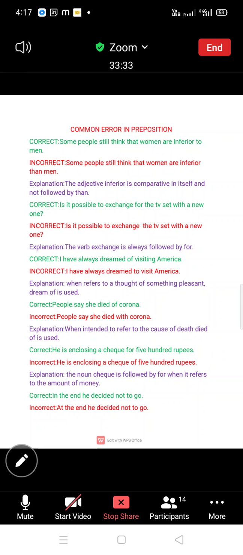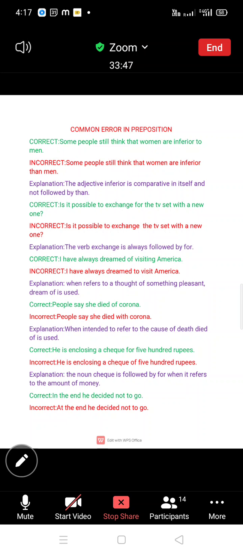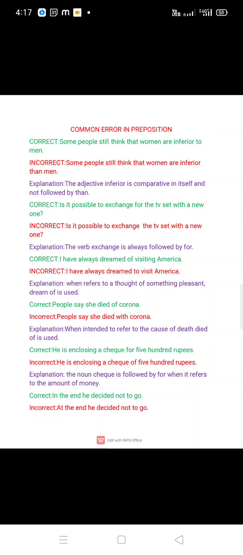Now the next one is very interesting and very common also. You can at first look at the incorrect sentence. She is enclosing a check of 500 rupees. Very common, very common, right? He is enclosing a check of 500 rupees.